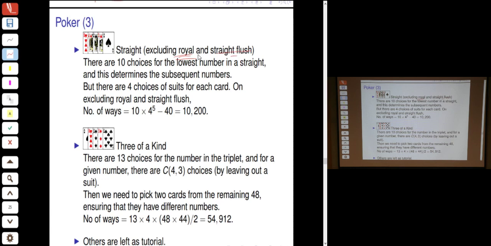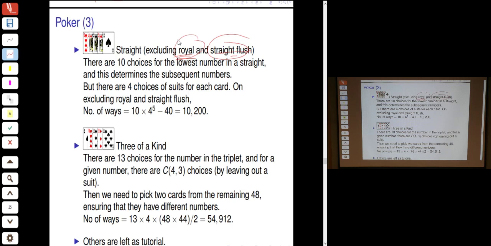So here we want to count the number of straight hands, which means the numbers have to be consecutive, but we want to exclude the royal flushes and the straight flushes.